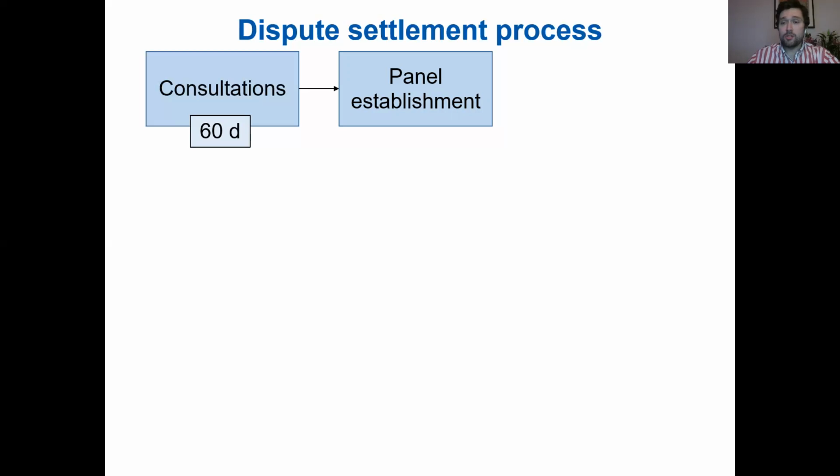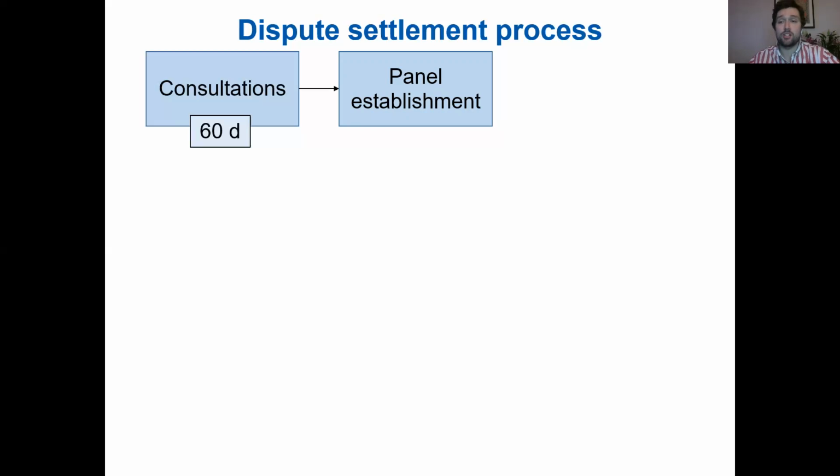The establishment of the panel is done no later than at the second meeting from the moment when the issue was first raised. So the responding party under the DSU rules can block the decision on this matter during the first meeting, but at the second meeting, the panel shall necessarily be established.